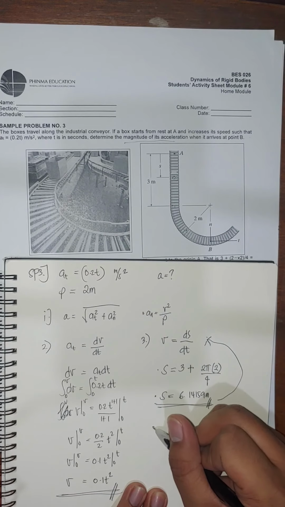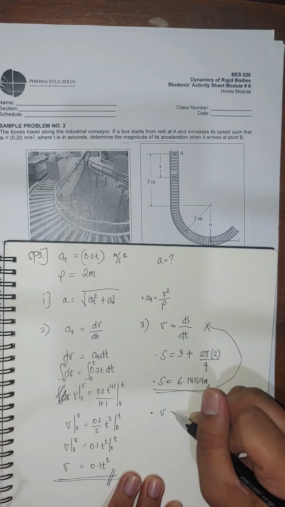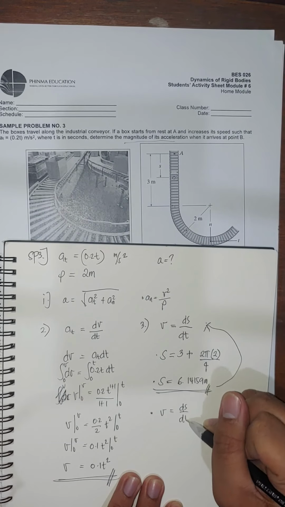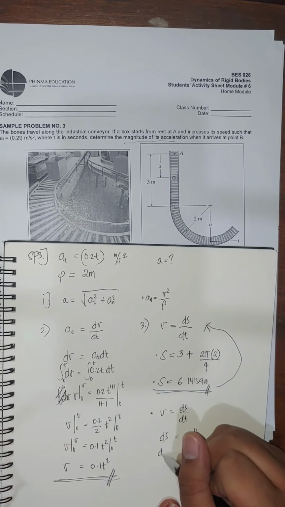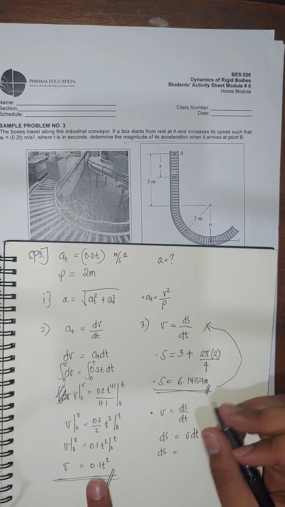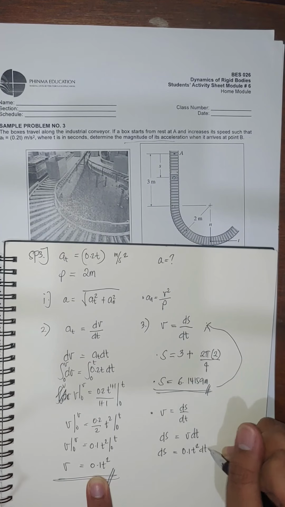So we solve the position function. Velocity is equal to the derivative of position with respect to time, so ds is equal to v dt, and we know that v is 0.1 t squared dt.